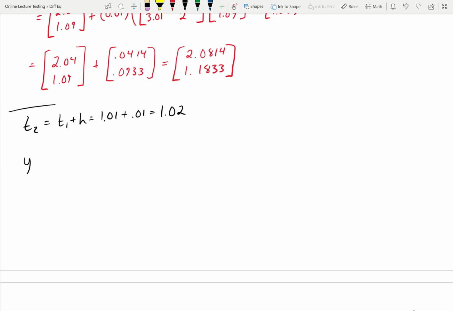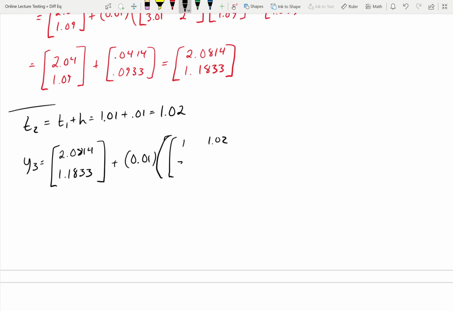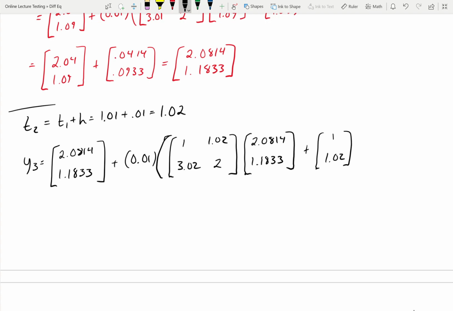So y3 is equal to 2.0814, 1.1833 plus 0.01 times our new P of t, which is 1.02, 3.022, times our y sub 2, which was 2.0814, 1.1833, plus our g of t, which is 1 and 1.02.